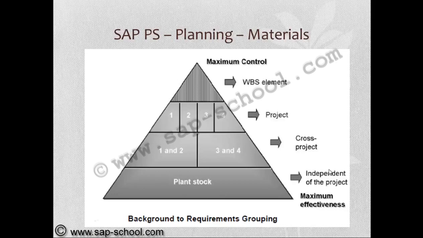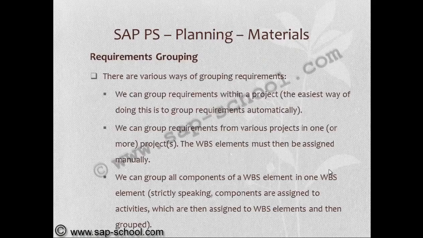So ultimately everything will have the plant stock. If it is a single WBS element, you are going to have maximum control, and if you are using independent of the projects, you have much less effectiveness.